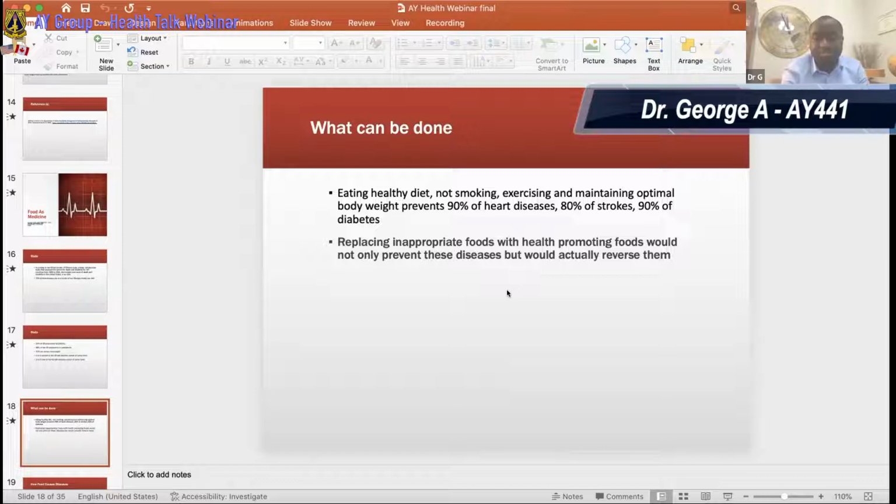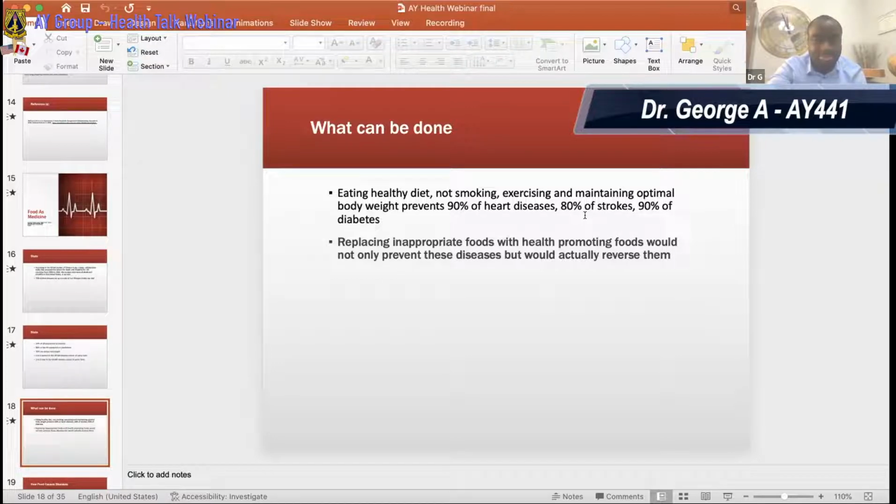Some of the things that we can do: the first thing is that our food is what we put in our body that causes all the diseases. So eating healthy, quitting smoking, exercising, and maintaining optimal body weight can prevent 90% of heart diseases, 80% of stroke, 90% of diabetes.